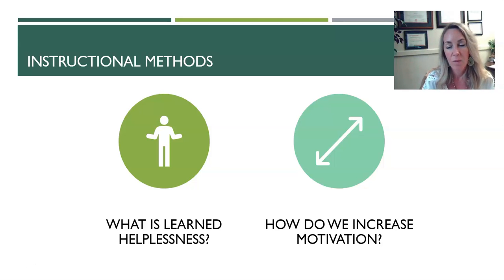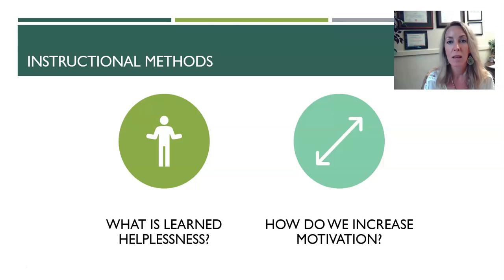So with lack of success, the students begin to lose motivation to try. They just feel like it's impossible. So relying on others becomes a habit, and that is not productive for a person's growth. So how do we increase motivation with our students? Well, as teachers, we need to emphasize instructional strategies that provide errorless learning for our students.